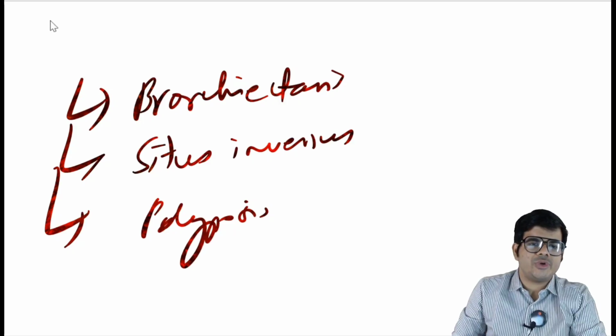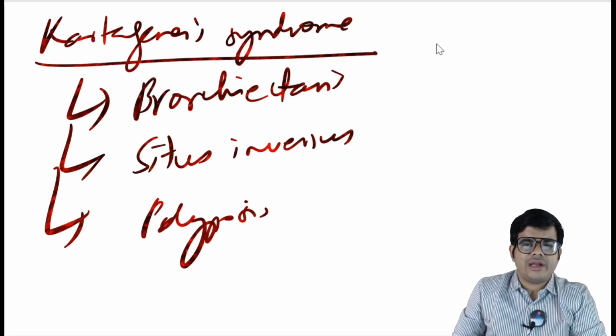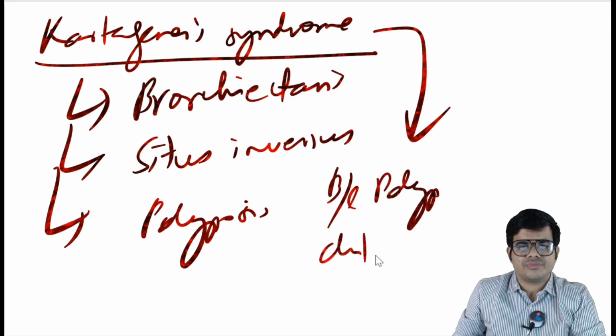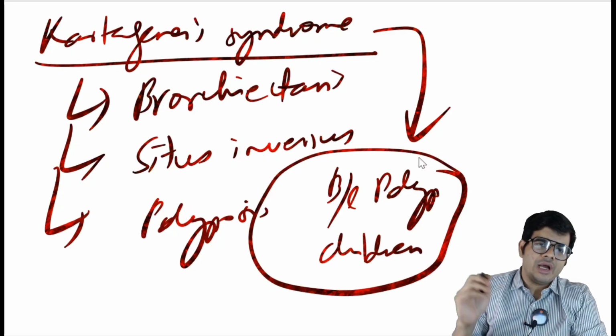This syndrome is what is known as the Kartagener syndrome. Okay, this is what is meant by Kartagener syndrome, and this can result in bilateral polyps in children. Okay, so that's about Kartagener syndrome.